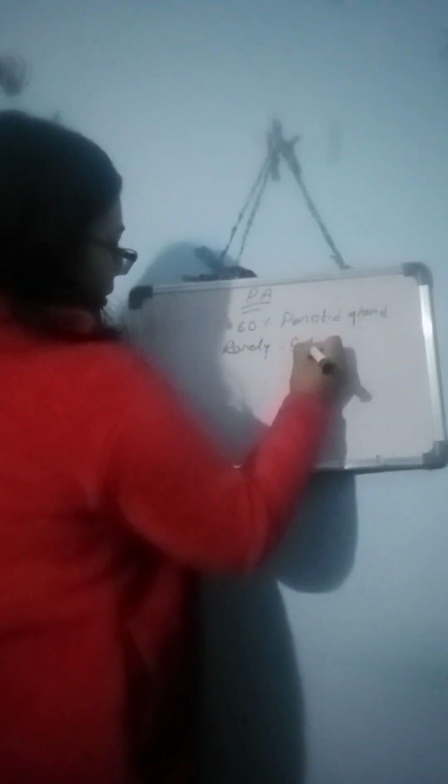Pleomorphic adenoma occurs in the salivary gland, and 60% of pleomorphic adenomas occur in the parotid gland, which is a type of salivary gland, and it rarely occurs in the submandibular gland.